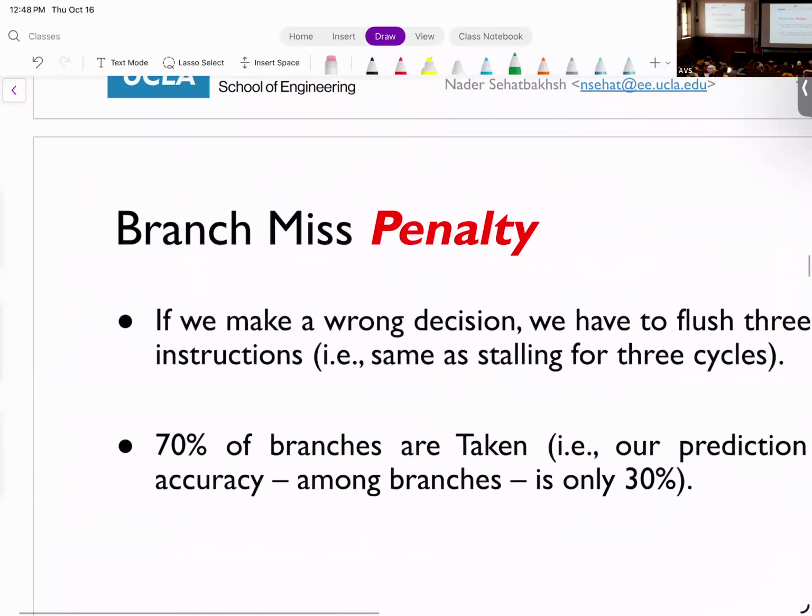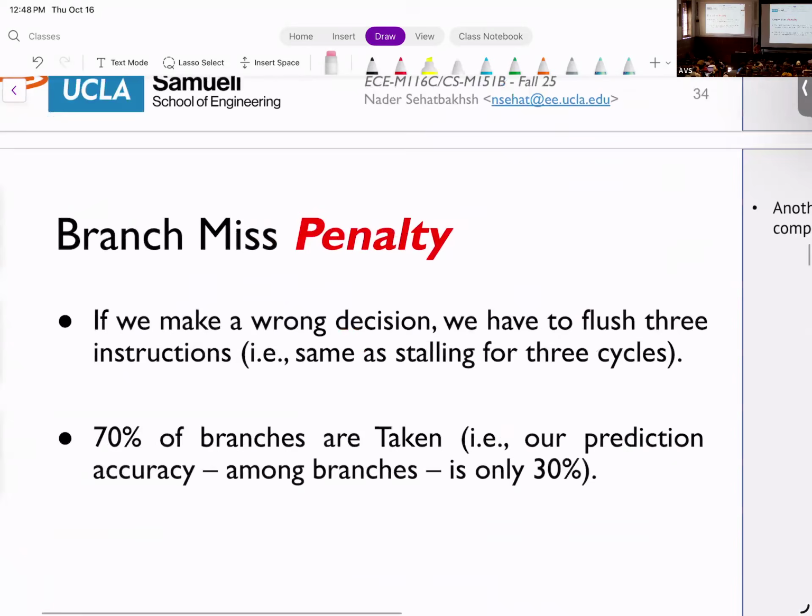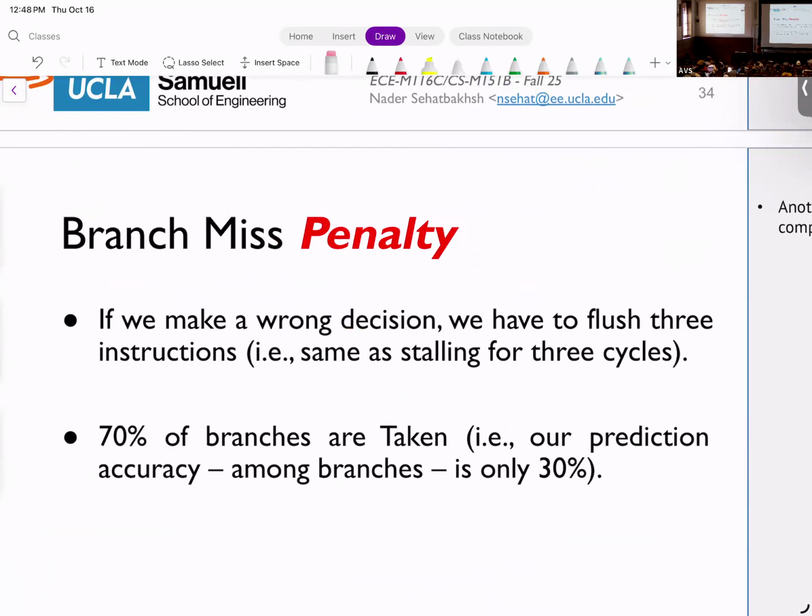Perfect. So this is actually called branch miss penalty. Penalty means the cycles in which we are supposed to do something useful, but we are not. In this design that we have, our branch miss penalty is 3 cycles. Again, we are not introducing correctness issues.